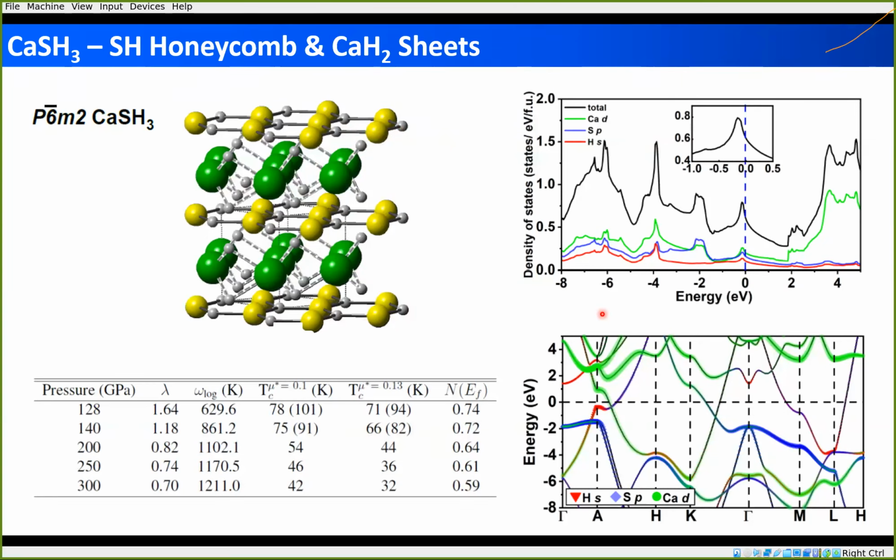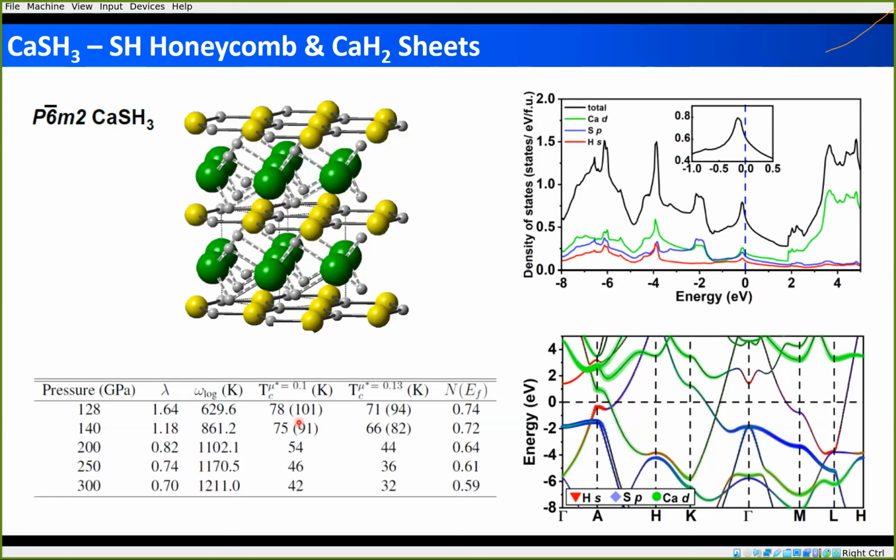And if you calculate the density of states, we see that we're close to a kind of peak near the Fermi level. And actually, if you decrease the pressure, what ends up happening is you get some bands crossing the Fermi level, so a bit of a Lifshitz transition, and because of that, you increase the density of states at the Fermi level, and you get closer to a kind of dynamic instability.